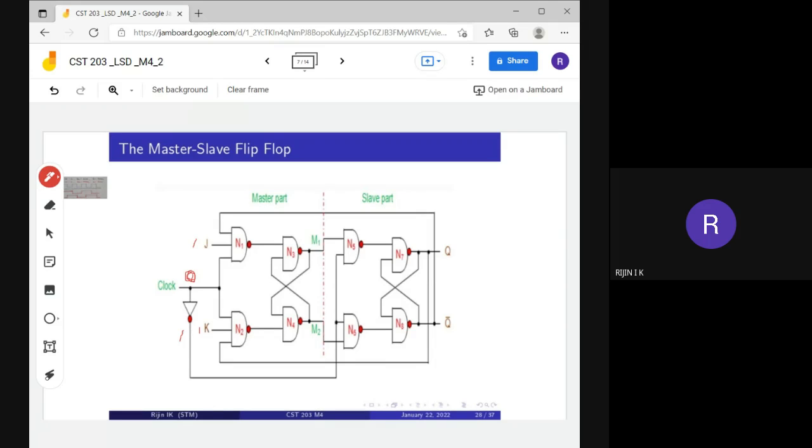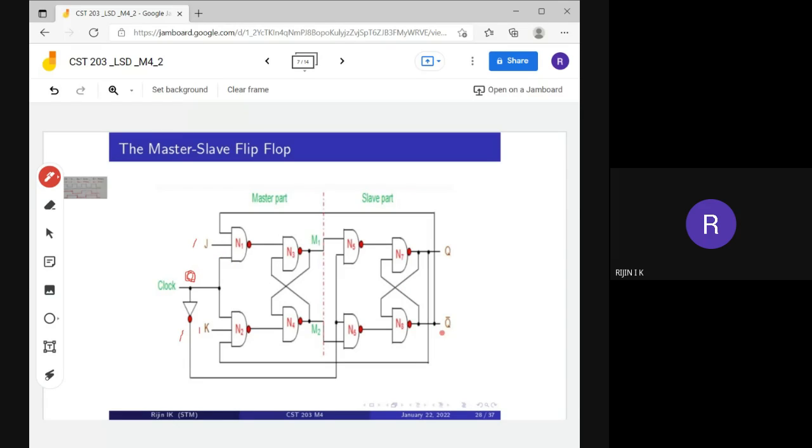Just understand, in the master slave flip flop we have connected these two JK flip flops together, and the feedback connection is from the slave to master.